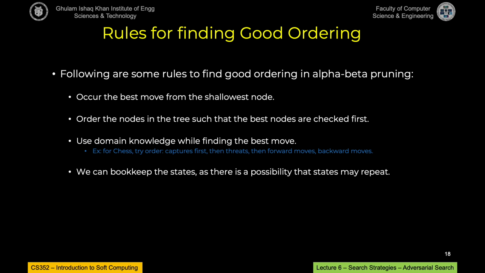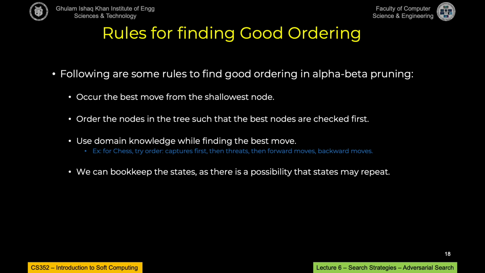So what are the rules for finding good ordering? Here are some of the rules with which we can find good ordering in alpha beta pruning. First, the best move should occur from the shallowest node. Second, order the nodes in the tree such that the best nodes are checked first. Third, we should use the domain knowledge while finding the best move.